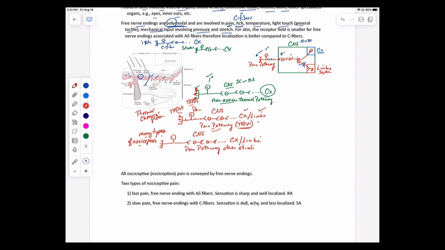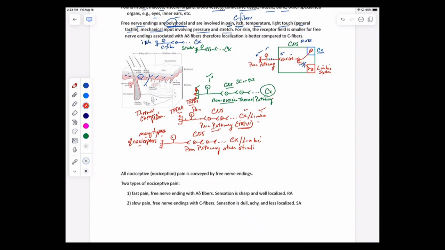I'm mostly talking about the TRPV1 because it is one of the better well-characterized thermal receptor / nociceptive receptors. And again, that depends upon what kind of neuron it's sitting on. Is it sitting on a non-noxious thermal pathway neuron, or is it sitting on a pain neuron?